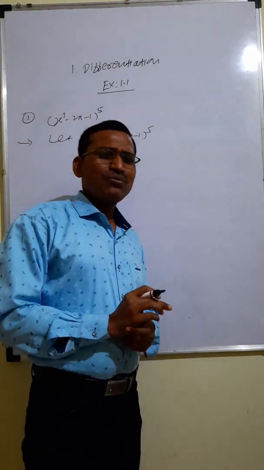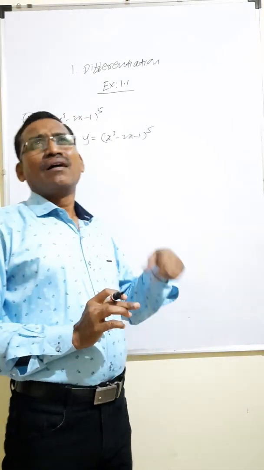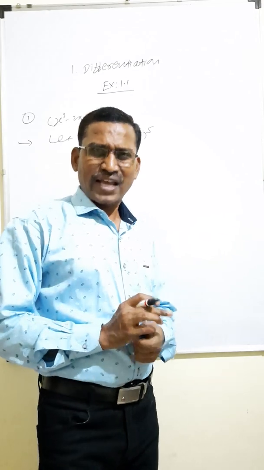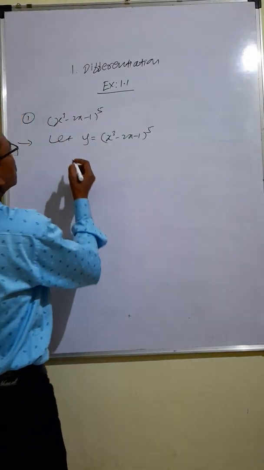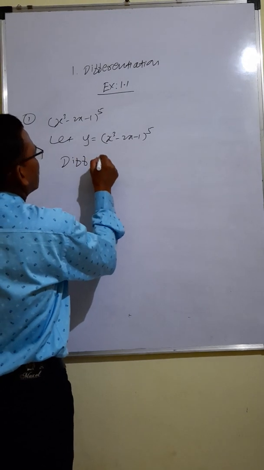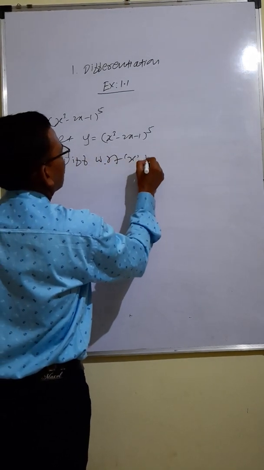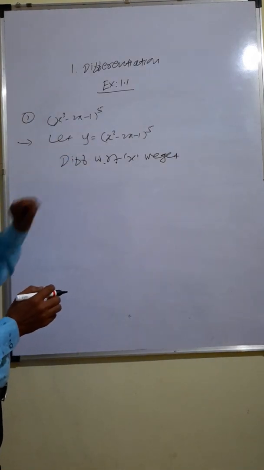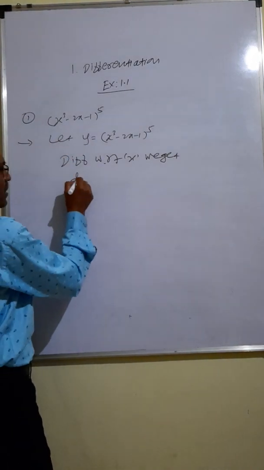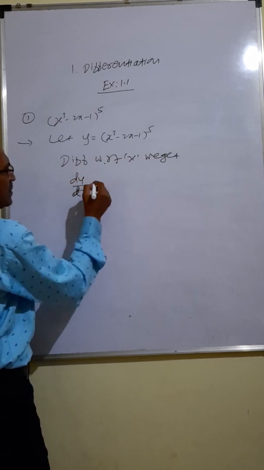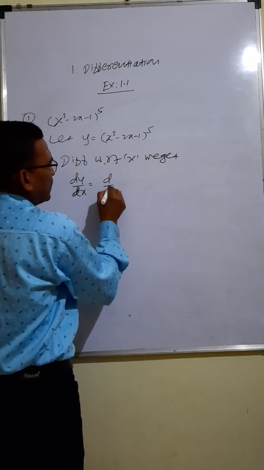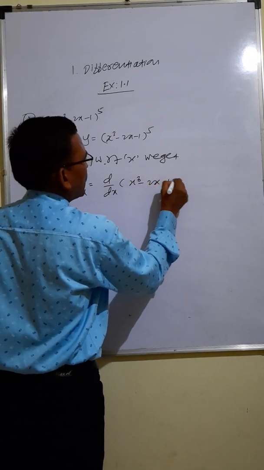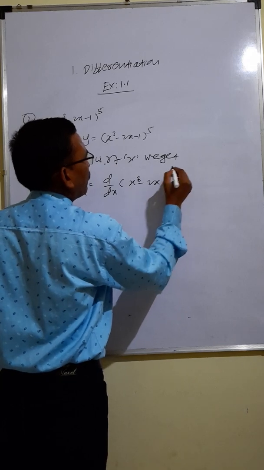Differentiating with respect to x, on the left hand side we get dy by dx, and on the right hand side the derivative of x cube minus 2x minus 1 whole raised to power 5.